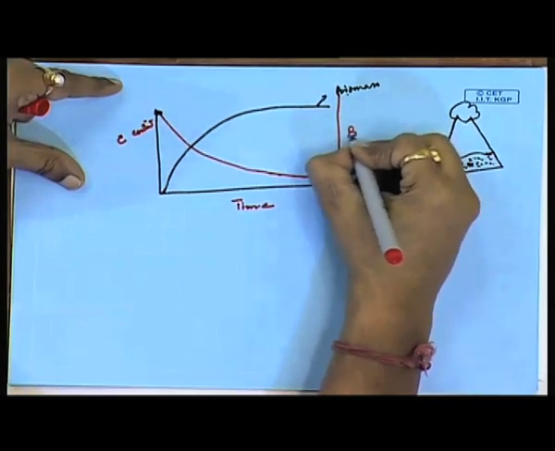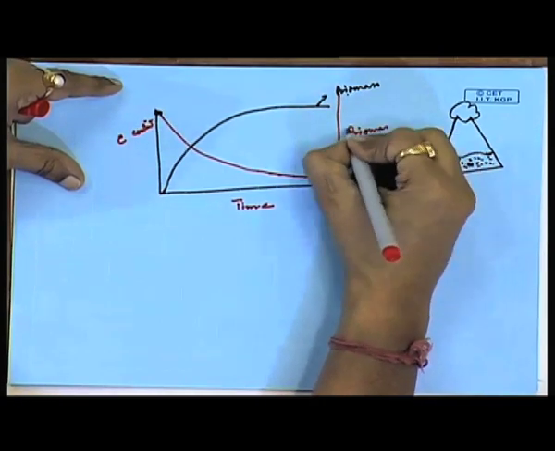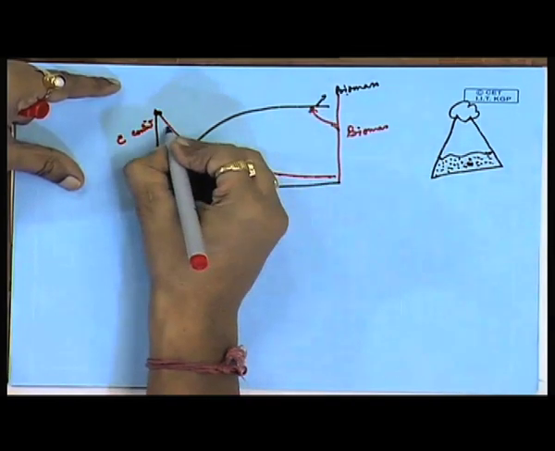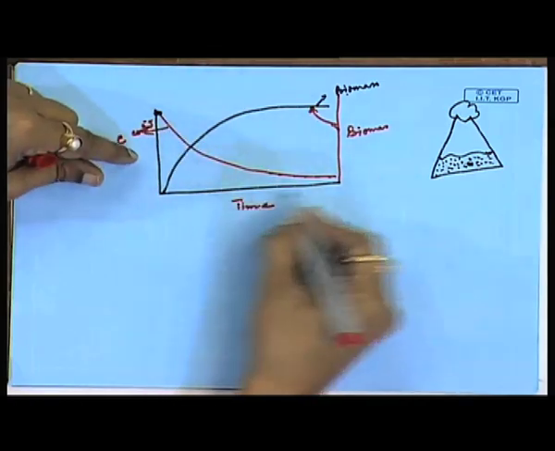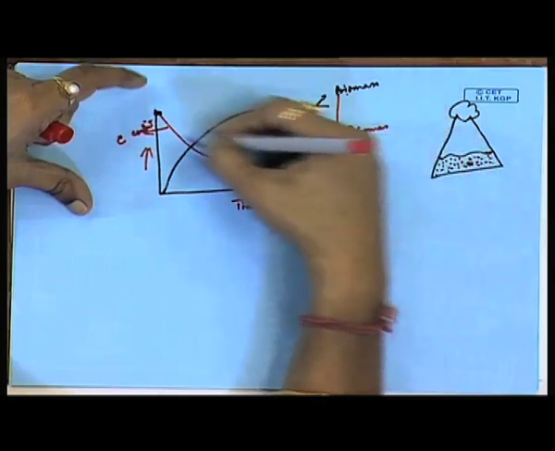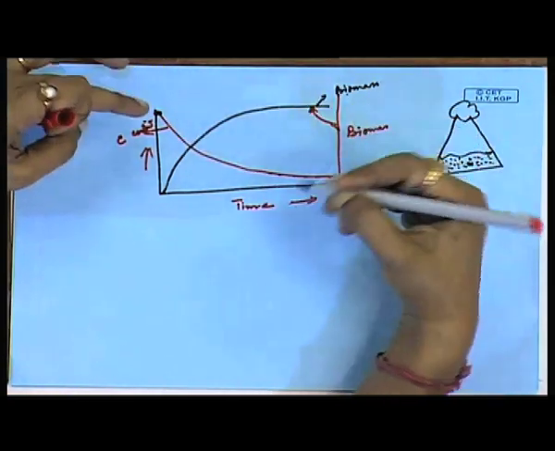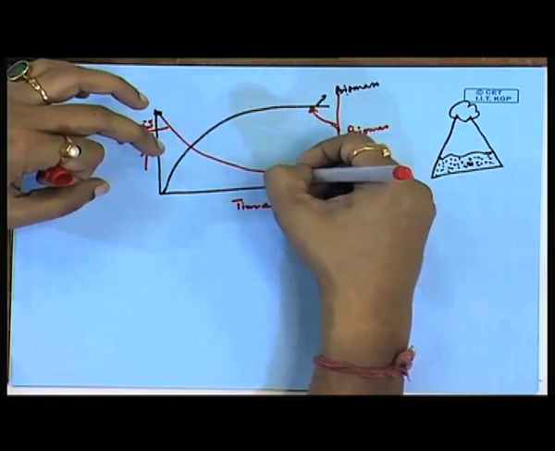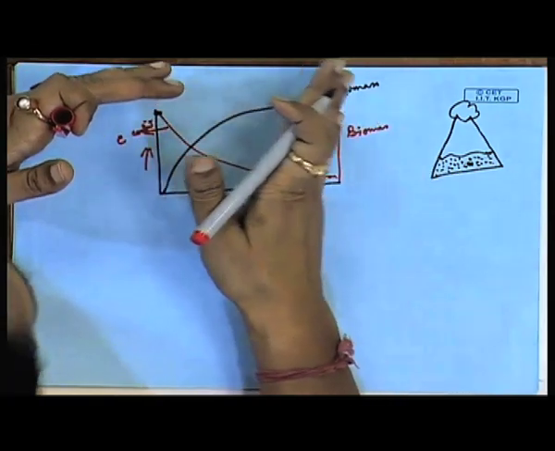If this is the biomass and this is the carbon content, then in this graph we can find that after a certain time there is a crisis of nutrient inside the media.